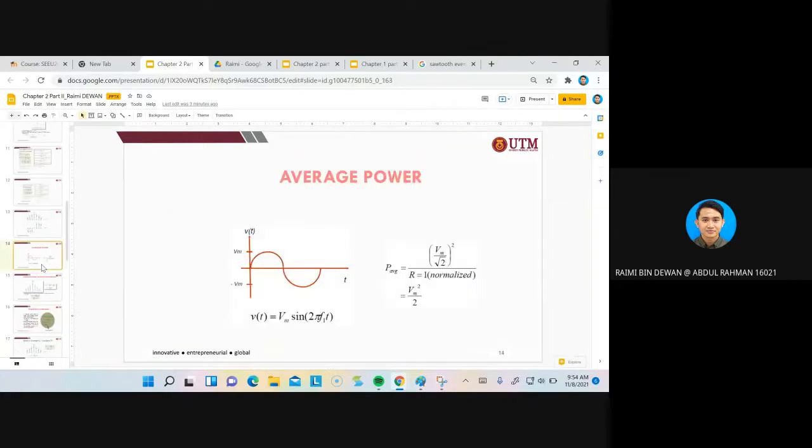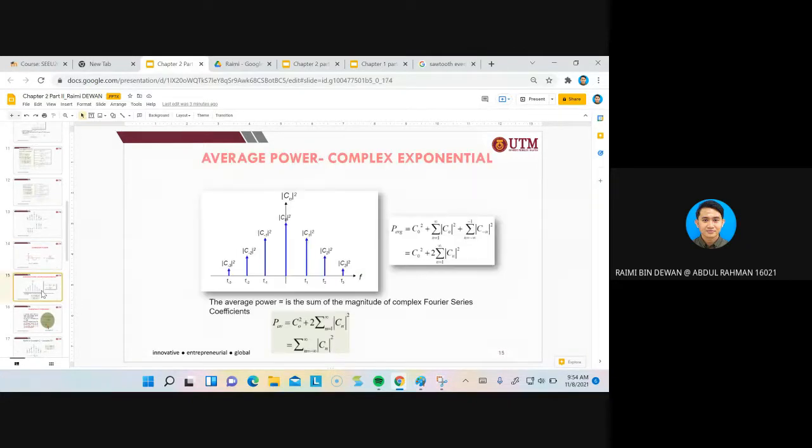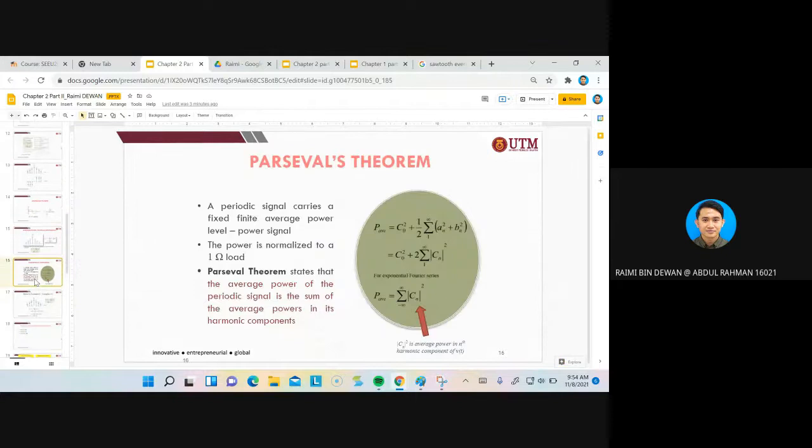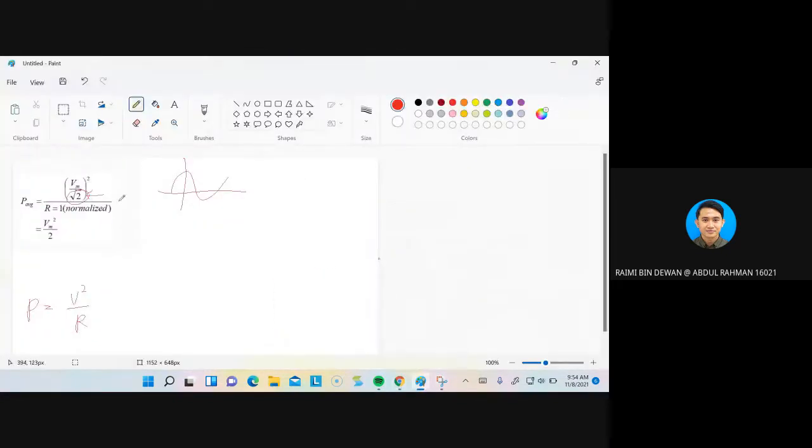But can anyone answer before I explain? Because you have learned it before. Why do we have square root of 2 here? Anyone?